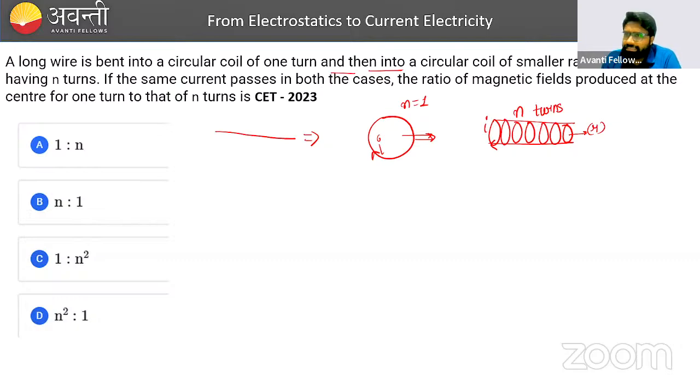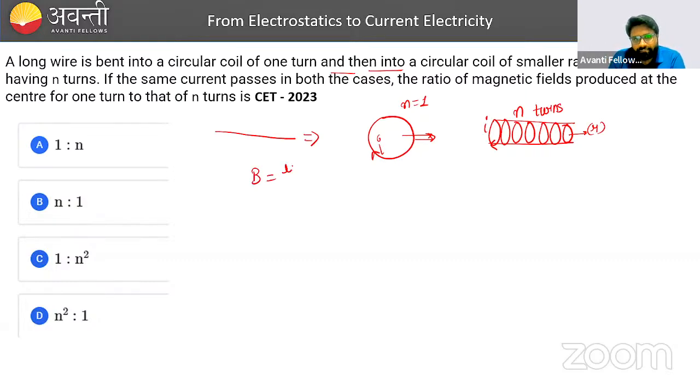There are two formulas to deal with this. Either you will use the formula of magnetic field at the center of a circular coil or circular ring, or you will use the formula of arc that I have discussed in the previous case. The arc one will be easy for you.